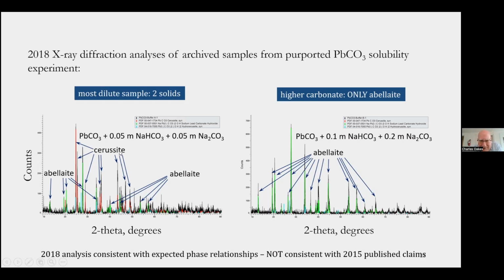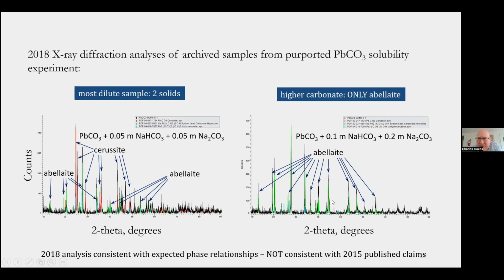One is the solid he claimed, which is cerussite, but there's this sodium lead carbonate hydroxide mineral that shows up quite prominently too. And the cerussite peaks and the abelite peaks don't line up. So it's not like you can mistake one for the other. They're both there. If you go to his more concentrated sodium carbonate samples, the only solid in this sample is abelite.